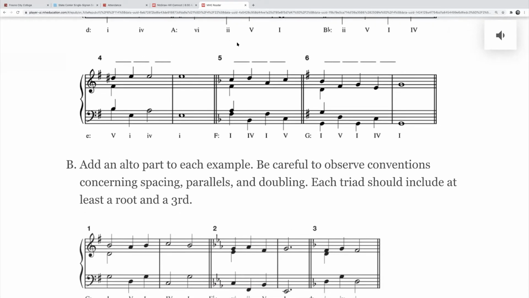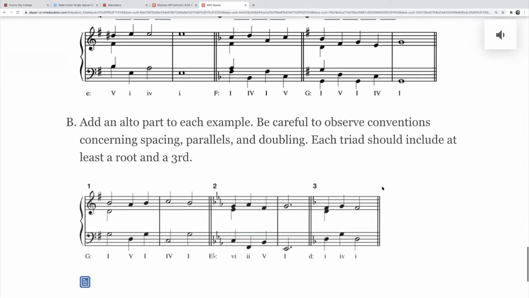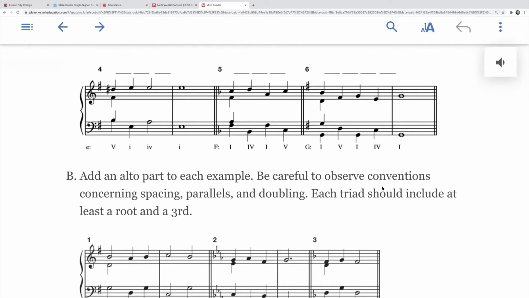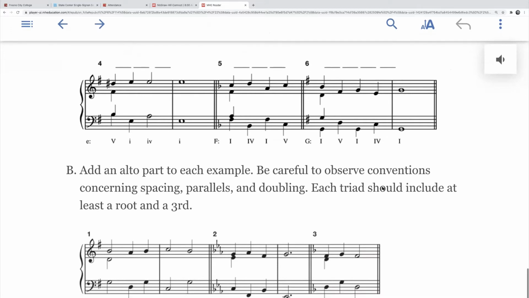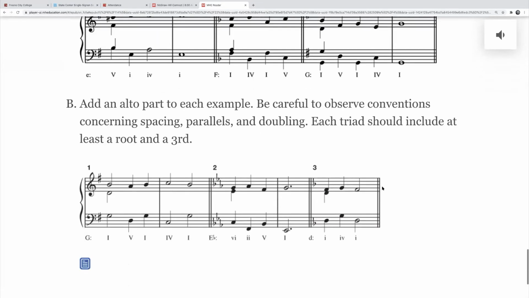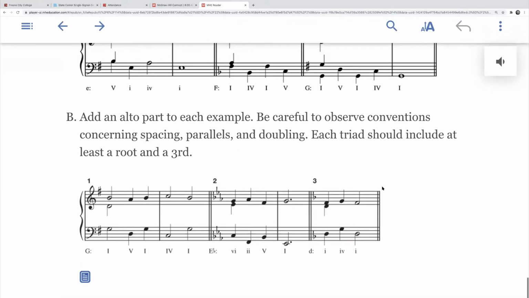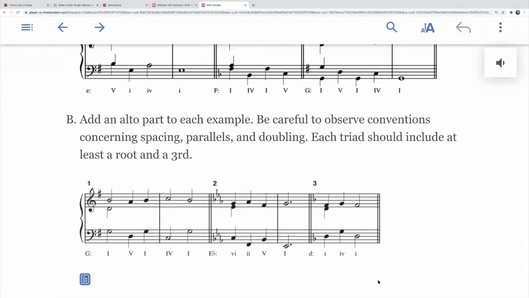On we go. We are now going to add an alto part to each example. Be careful to observe conventions concerning spacings, parallels, and doubling. Each triad should include at least a root and a third. All right, here we go. I'm going to type in my letters because I think it works awesome.